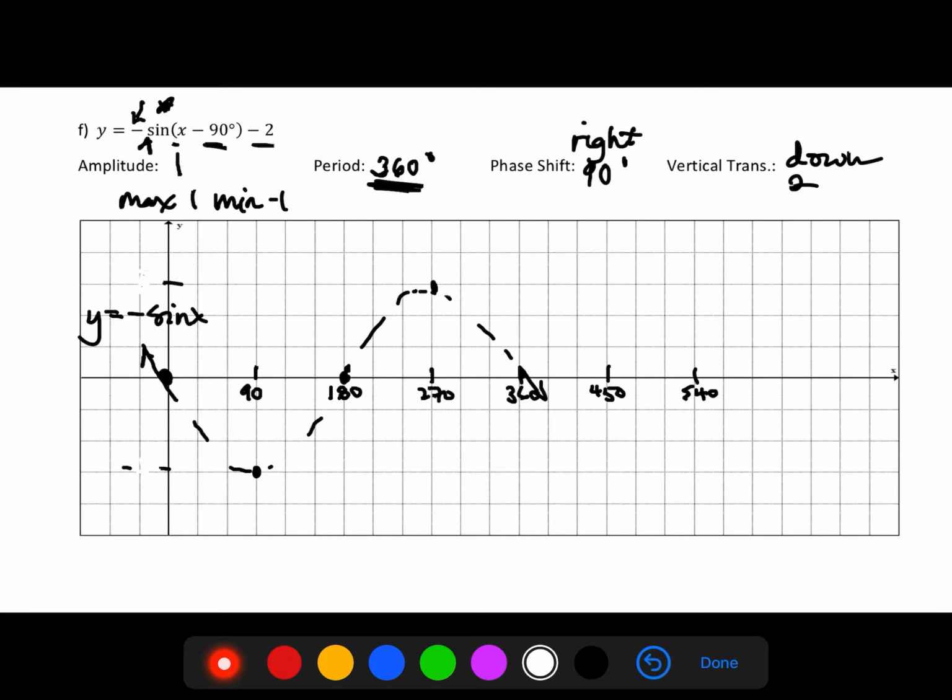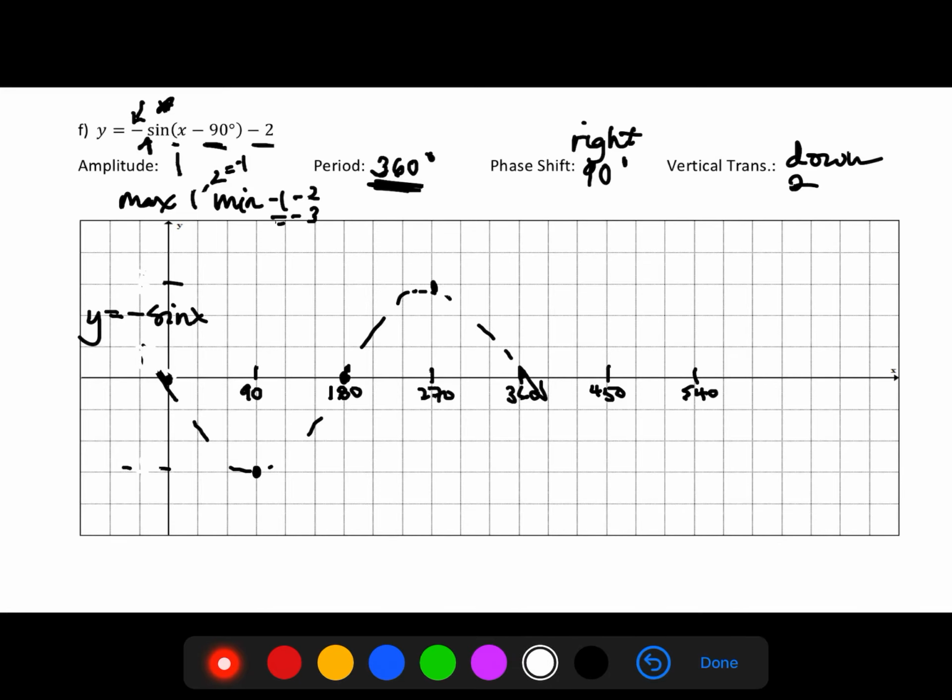So let's take a look at this. And this is a good point. You can always just change your grids as well. So our max taking away 2 should be -1. Our min taking away 2 should be -3.